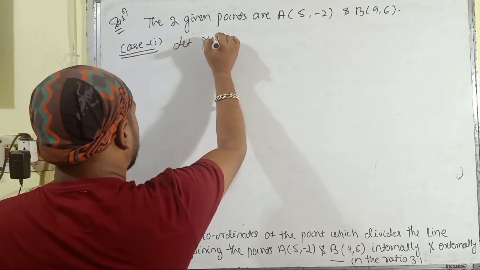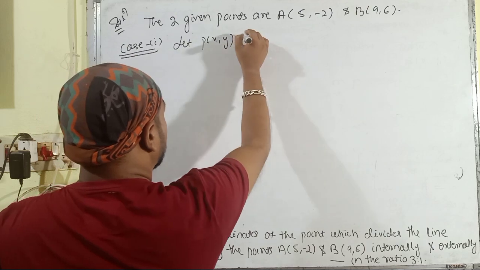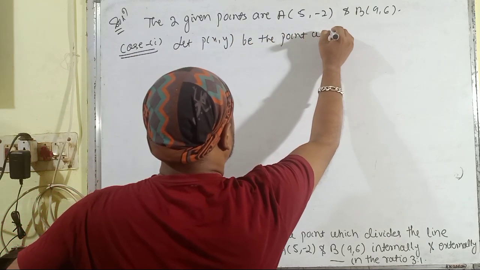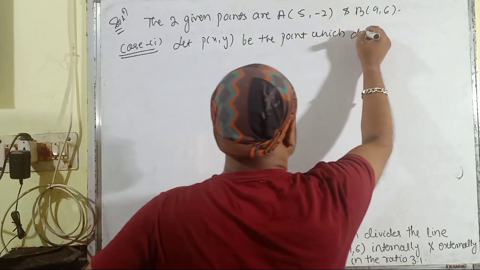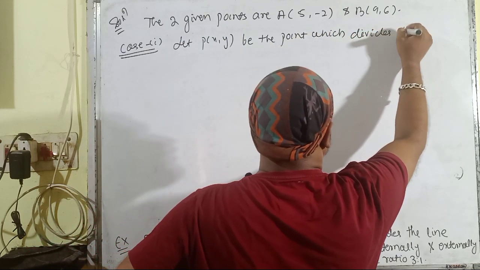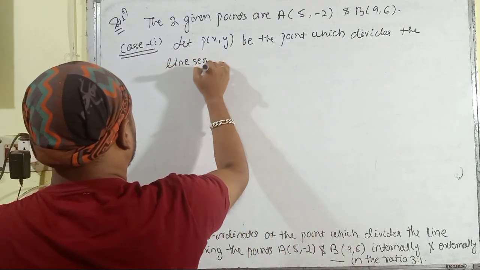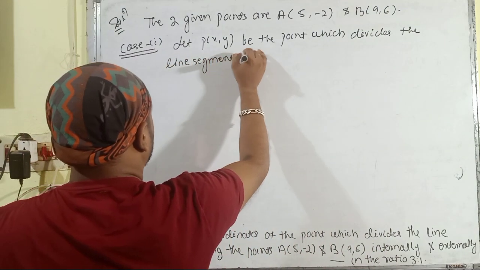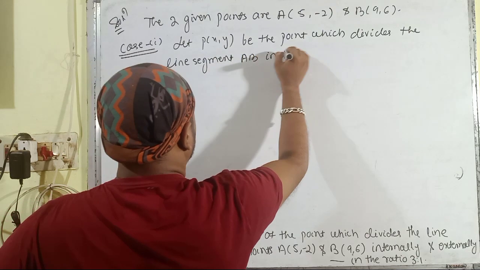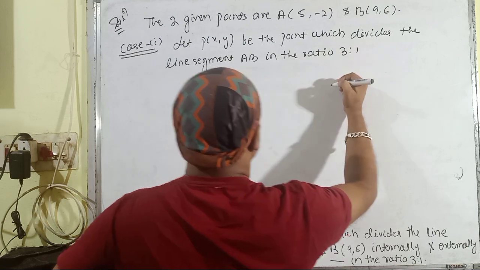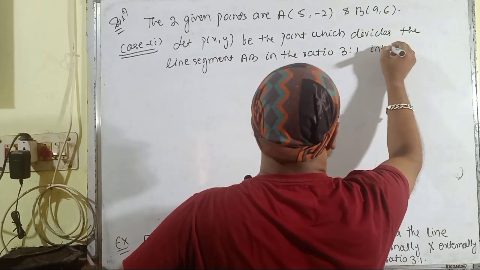Let P(x, y) be the point which divides the line segment AB in the ratio 3 is to 1 internally.